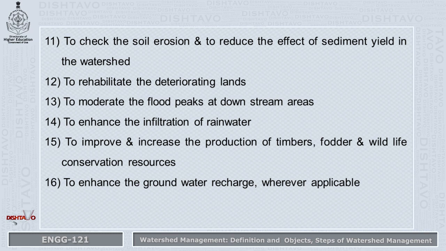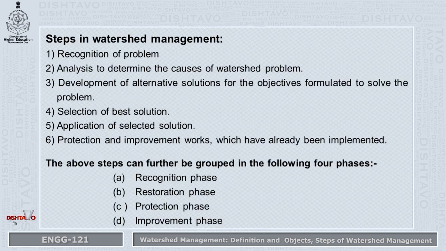To enhance the infiltration of rainwater, to improve and increase the production of timber, fodder or agricultural production. To enhance the groundwater recharge wherever applicable. Finally, groundwater availability will be increased, meaning the water table level will be increased in that area.